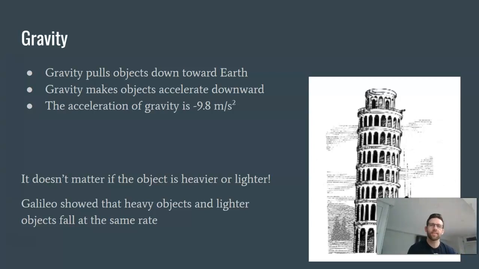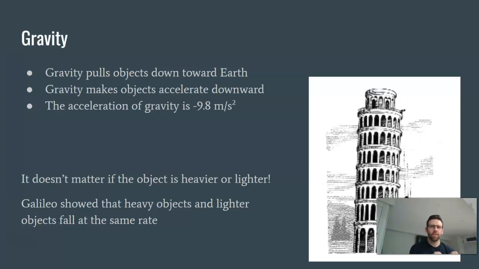So we have a negative number. And that is actually true for all objects. One thing that we might have mentioned in the beginning of the year and shows up again here was that it doesn't matter if an object is heavy or light. There were some famous experiments done a very long time ago, especially this legend about Galileo, where he dropped two objects from a very tall tower, and one object had way more mass than the other.